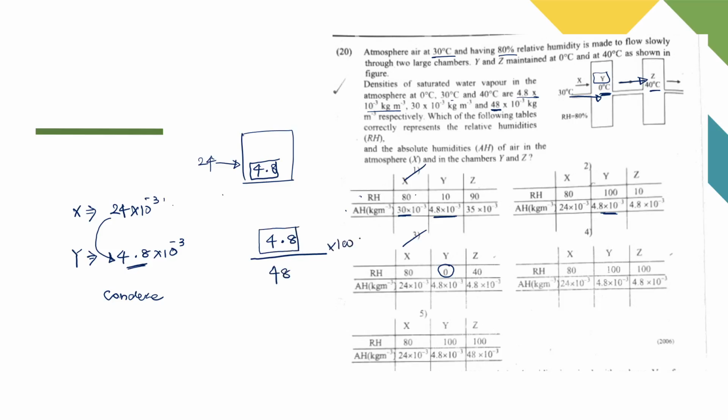So as a percentage, it is 10%. So AH is 4.8 and RH is 10%. Then the answer is the second. So that's it about this presentation. Hope you got an idea about how to approach these humidity questions.